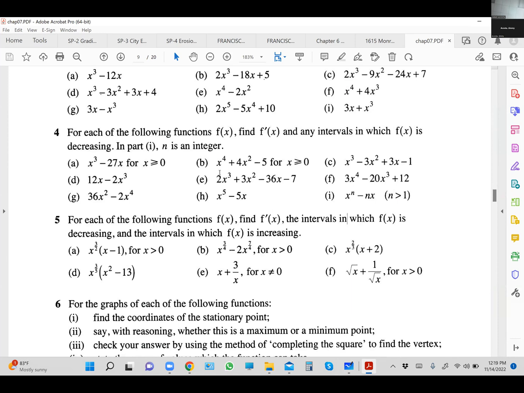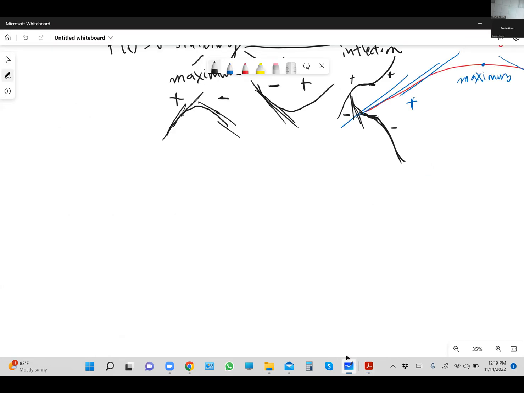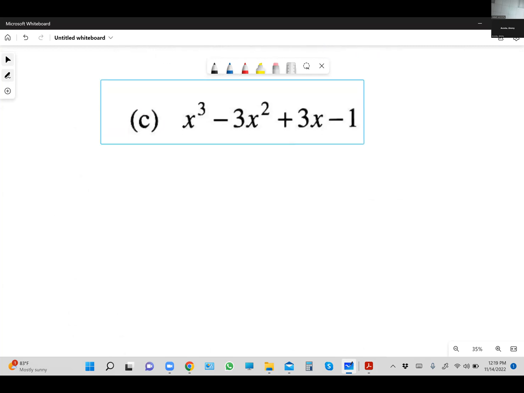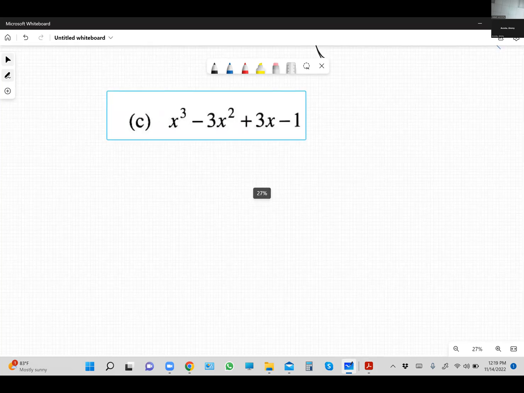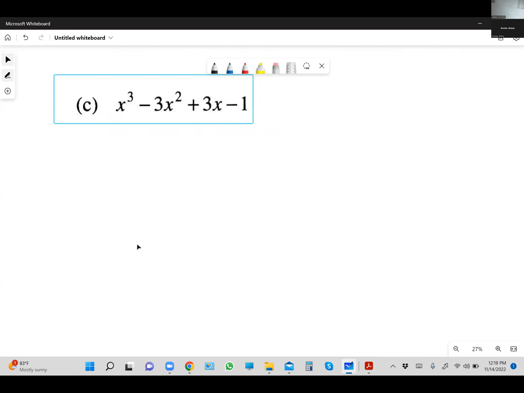Maybe I want to do 4C. Is that fair? I want to do 4C. So I'm going to copy this and post it here. What I'm going to do is analyze the full function as much as I can. So let's begin.